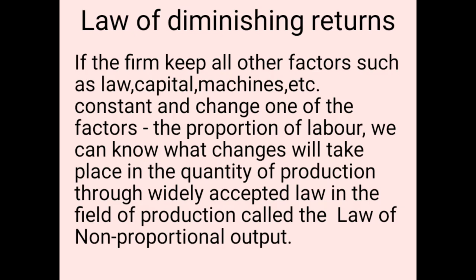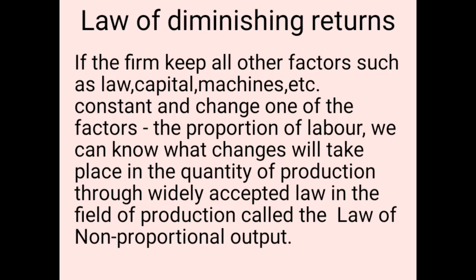We can know what changes will take place in the quantity of production through a widely accepted law in the field of production. That is called the law of non-proportional output. So we are changing only one factor, that is labor, and keeping the rest of the factors constant, that are land, capital and machineries.